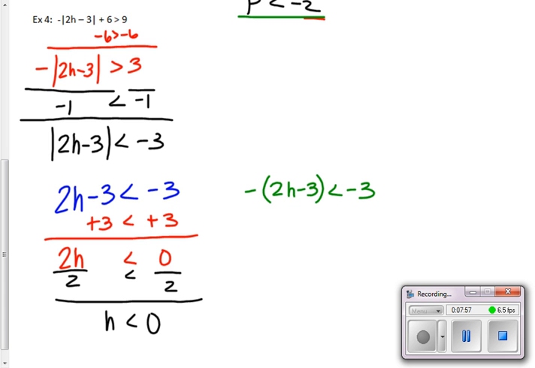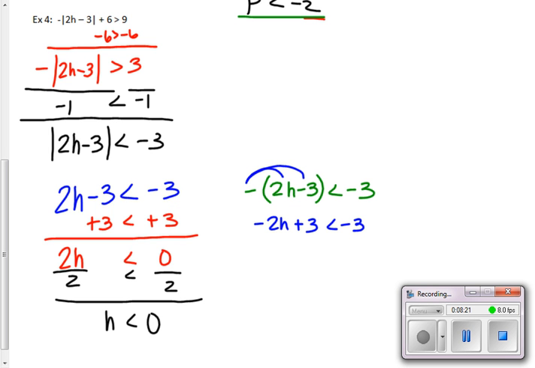The positive component, I added 3 to both sides, and I had 2h is less than 0. Get rid of 2 by dividing, and we have h is less than 0. The negative aspect, I went ahead and distributed this time. I was hoping that you divided by negative 1, but I'm going to prove to you that it really doesn't matter.